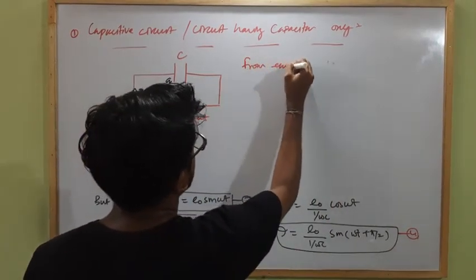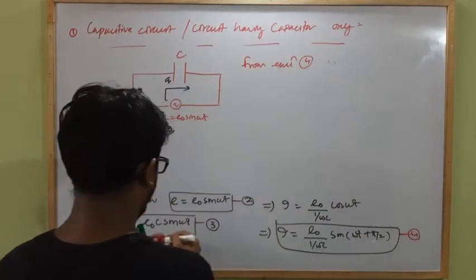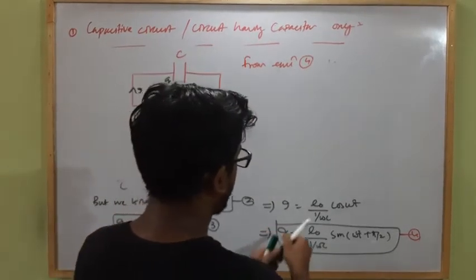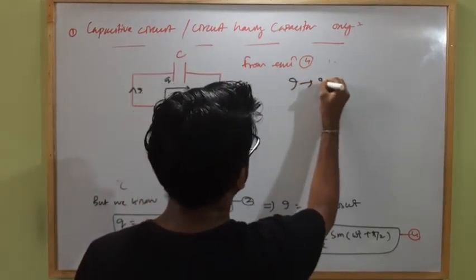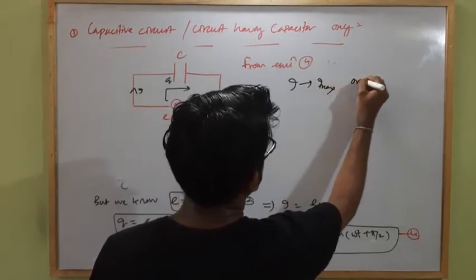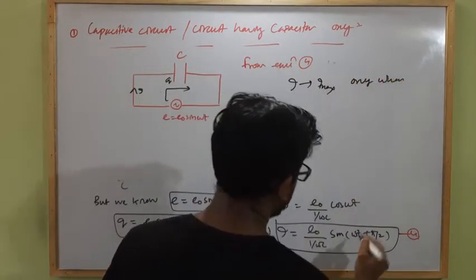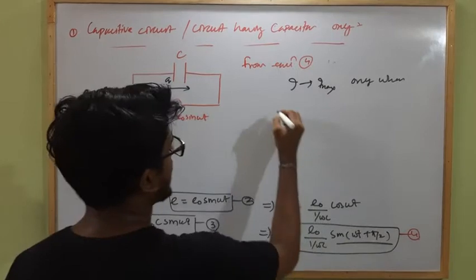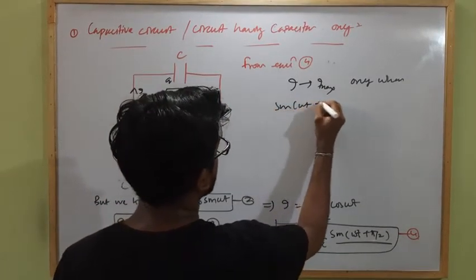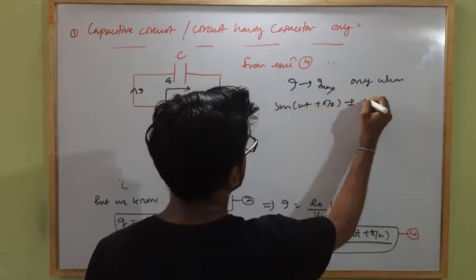From equation 4, I will be I maximum only when sin of omega t plus pi by 2 equal to plus minus 1.